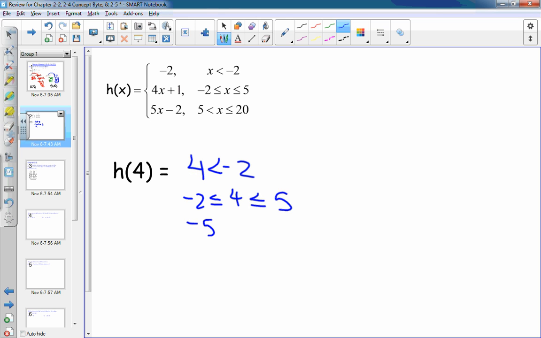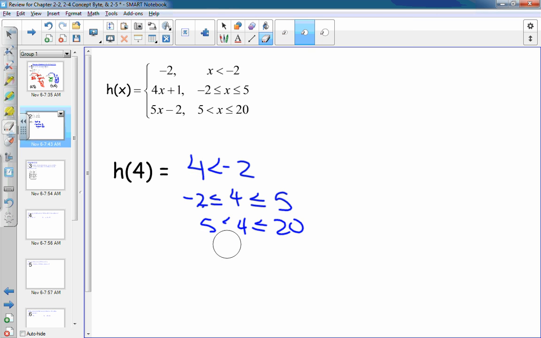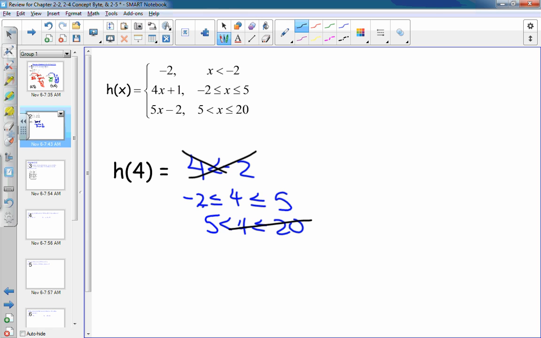Or is 4 between positive 5 and 20? So you tell me, where does it fit in? Which one of these is true? The first one is false, and this last one is false. The one that we're going to be using is our middle one. The value 4 is between negative 2 and 5. Would you all agree with me?